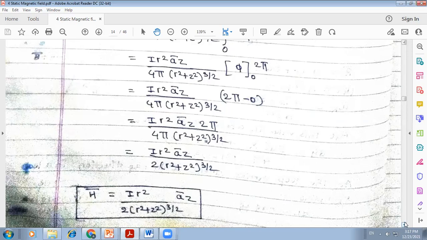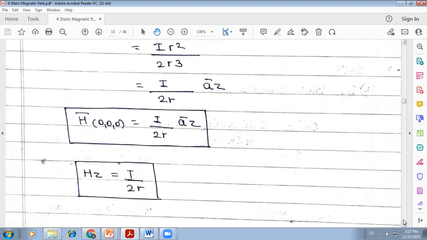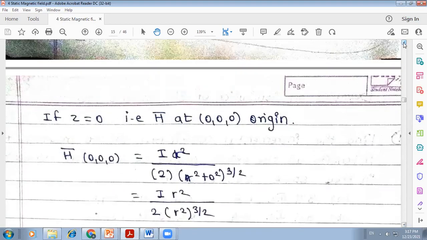Now we'll see one more important point, that is the Ampere circuital law. Just like Gauss law, it is also asked in examination. So here one more point is there.